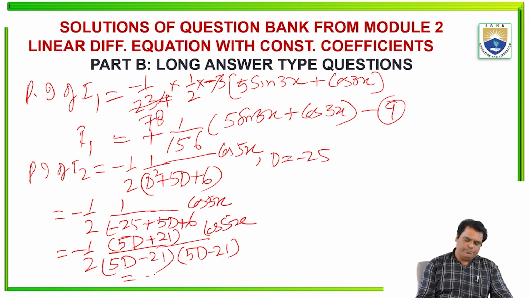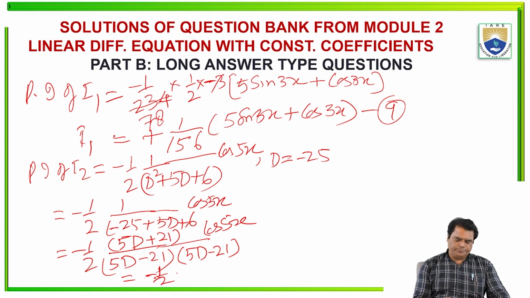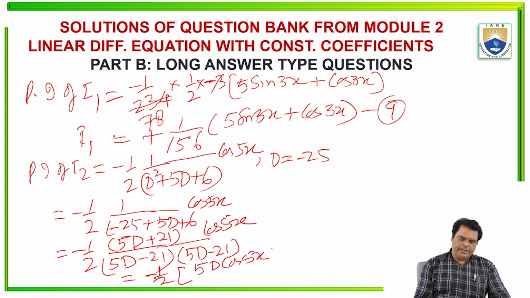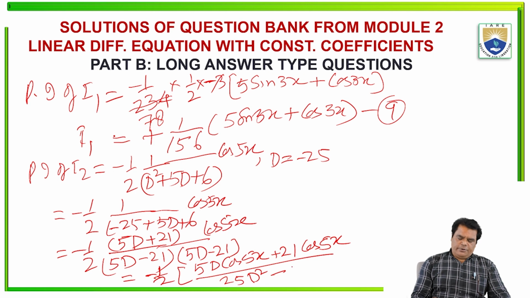Now this equals minus 1 upon 2, and this equals 5 cos 5x, D of 5x, plus 21 cos 5x, and upon 25D square minus 441. Okay, so here D square putting minus a square.